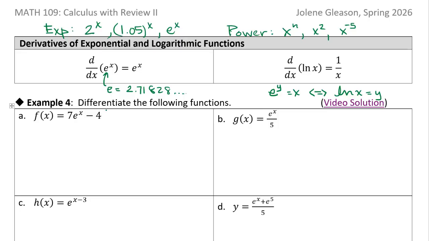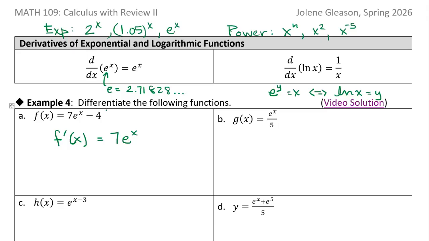So the first example we have here is f of x is equal to 7e to the x minus 4. So the derivative, f prime of x, we're just going to hang on to that constant 7, take the derivative of e to the x, which is e to the x, and then we have minus 4, and remember that the derivative of a constant is 0. So we don't even have to write that.